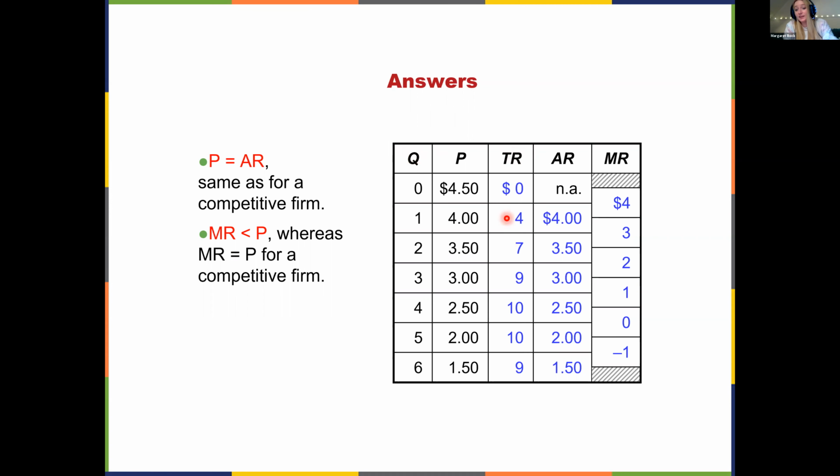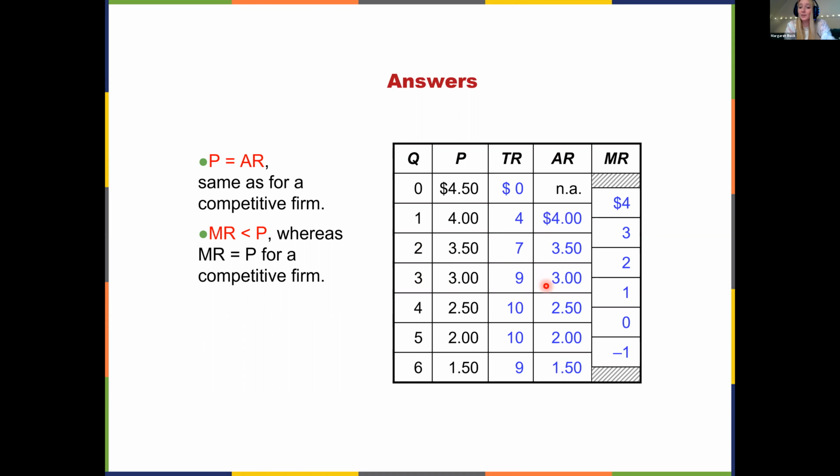So if we brought in $4 from selling one thing, we know that the average amount of revenue that we brought in from selling stuff was $4. If we brought in $7 from selling two things, the average revenue per item is $3.50. If we brought in $9 and we sold three things, on average we brought in $3 per item.